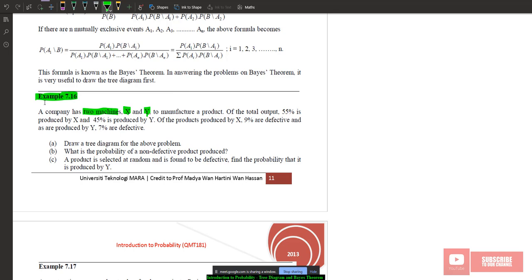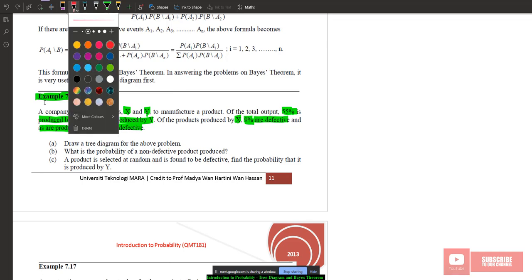Of the total output, 55% is produced by X and 45% by Y. Of the product produced by X, 9% are defective, and of those produced by Y, 7% are defective.